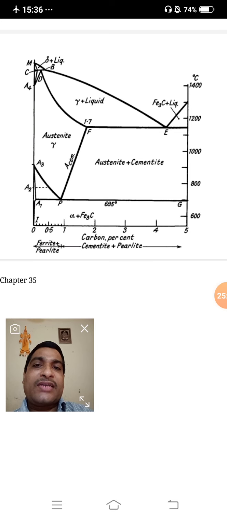This is the austenite region. This is the liquidus curve of ferrite and perlite, and then it forms austenite plus cementite, and after 1000 degrees Celsius, the austenite and cementite convert into austenite. This is the liquidus curve, and here is the total liquid.